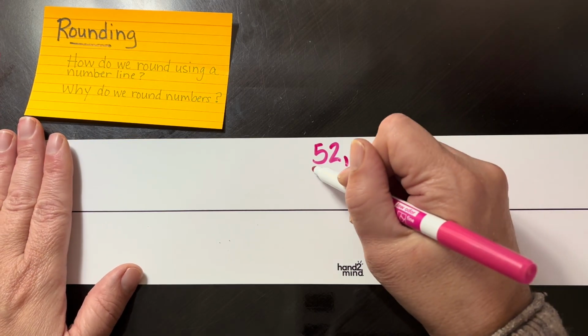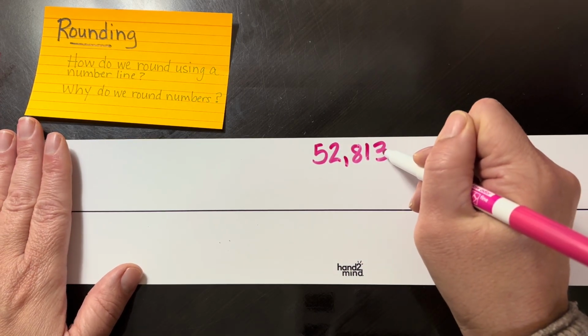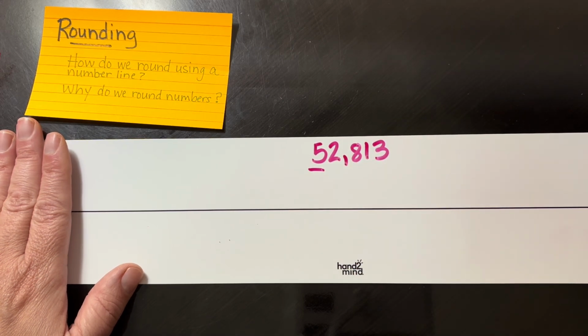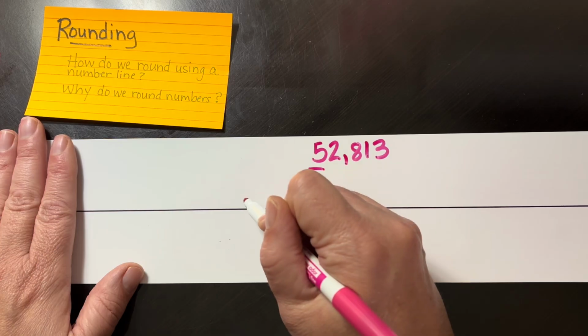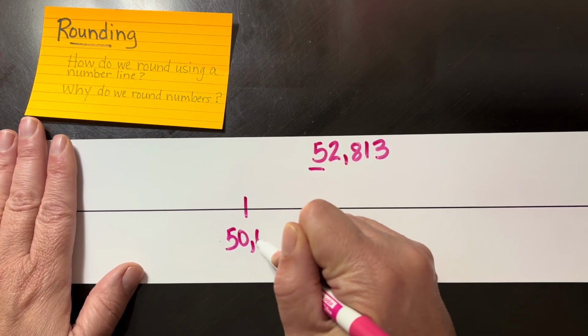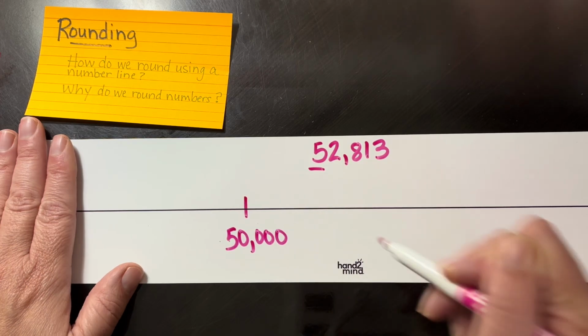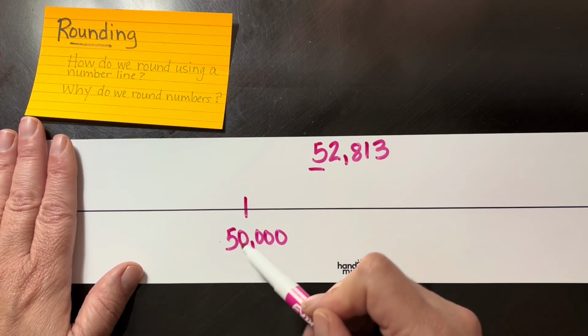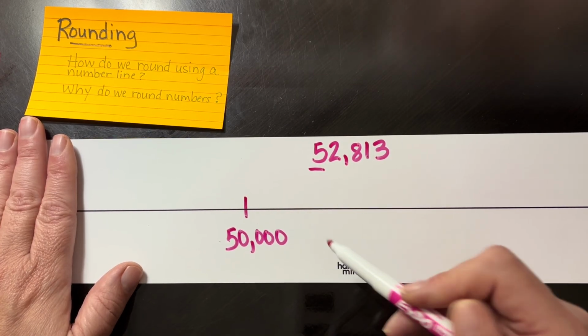We'll start easy. So we would have to know the ones, tens, hundreds, thousands, 10,000s. How many 10,000s do I have? 5. And then all of my other digits would be nice round zeros. So 50,000.